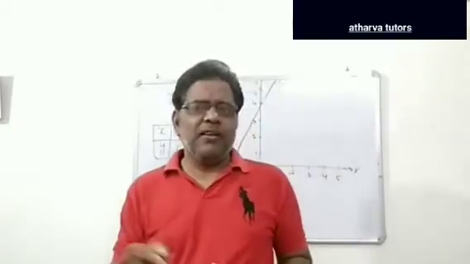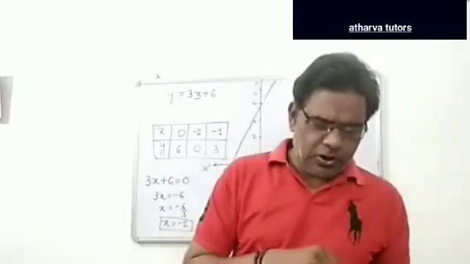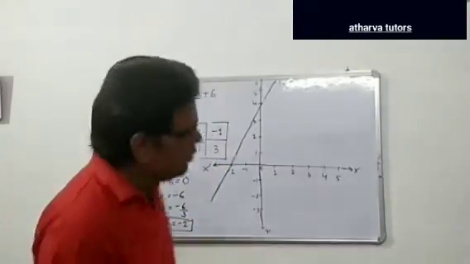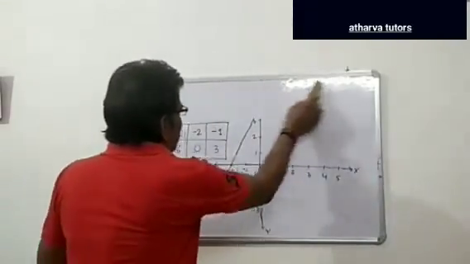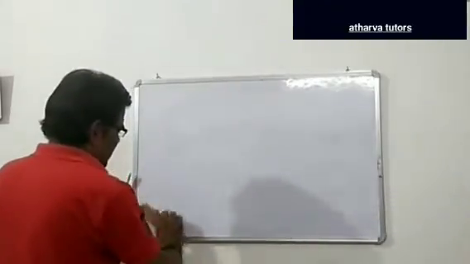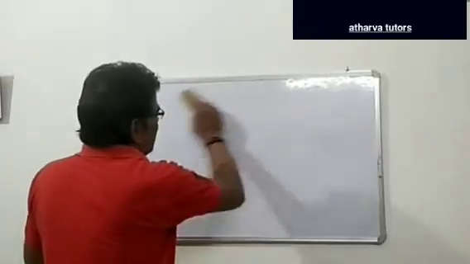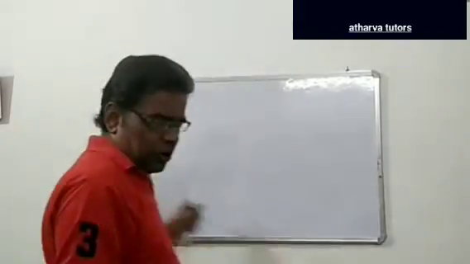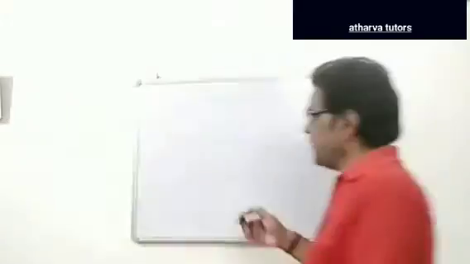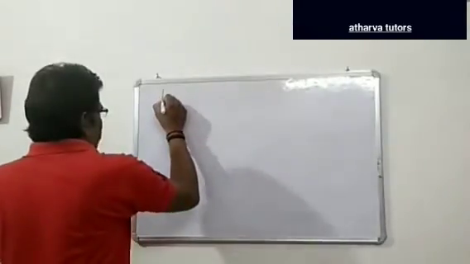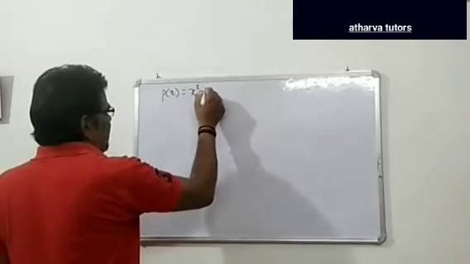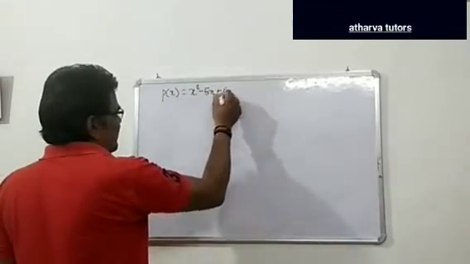Now if you take the case of a quadratic polynomial, for example, say x square minus 5x plus 6.